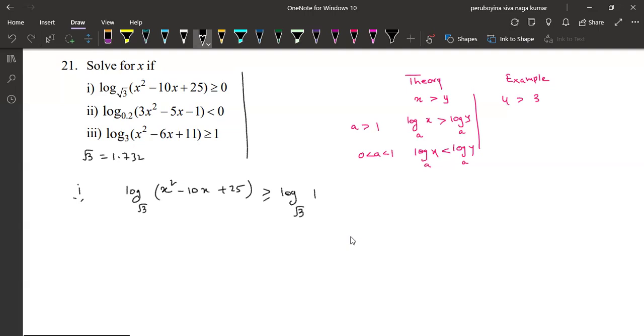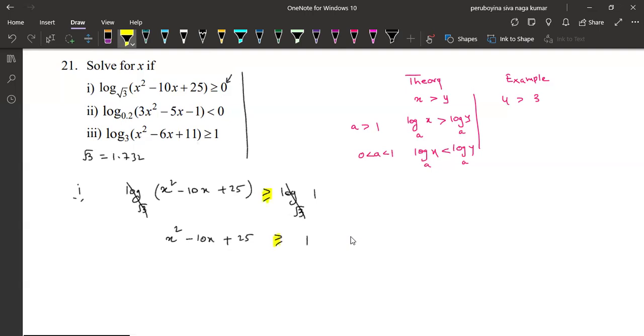You can use the same base, right? We know that log 1 is 0. So whenever you see 0, there you can use log 1 with the appropriate base so that you can cancel both sides. Since the logarithm cancels with base root 3 and it is more than 1, the inequality never changes. Okay, so x square minus 10x plus 25 is greater than or equal to 1. Still the inequality is the same.